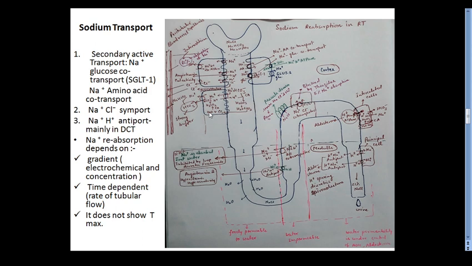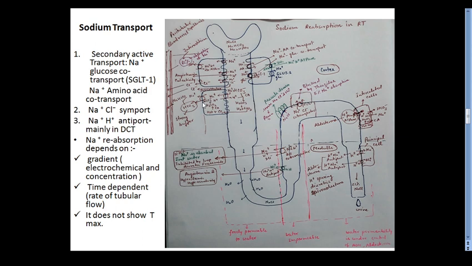Over there it again mixes with water. In the presence of carbonic anhydrase, carbonic acid is formed again. It gets dissociated into hydrogen ion and bicarbonate ion. This bicarbonate ion is excreted out of the renal tubular cell into the interstitium via the sodium bicarbonate transporter.